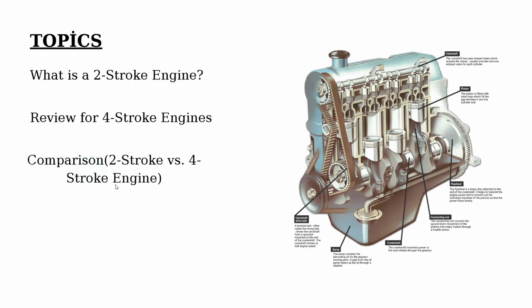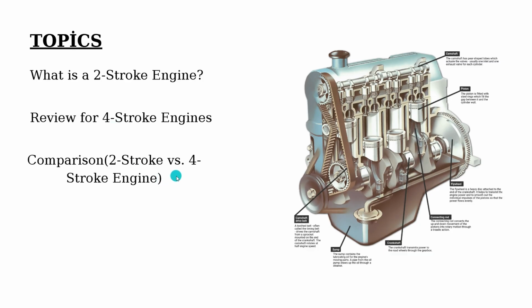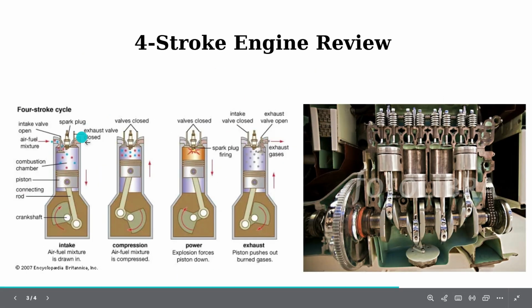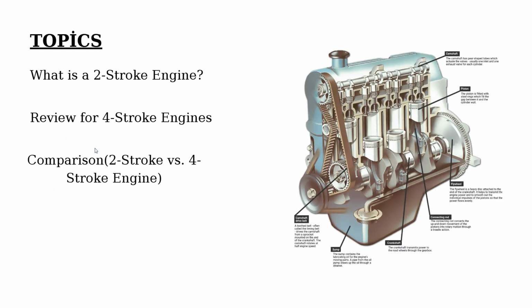Some engines are designed to be simple and lightweight, like two-stroke engines, and others are designed to be more efficient and controlled, like four-stroke engines. Because of these differences, engineers choose different engine types depending on the application.